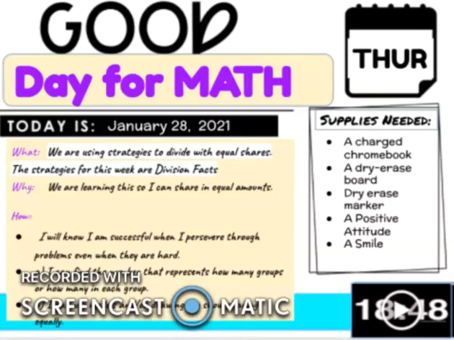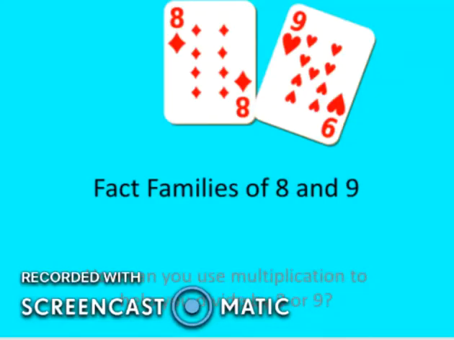So we are continuing to talk about division facts and how we can use multiplication to help us solve those division facts that we're going to be looking at today. We're going to focus on fact families for 8 and 9.